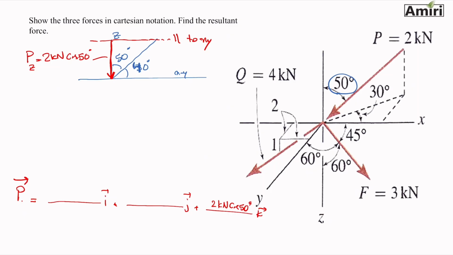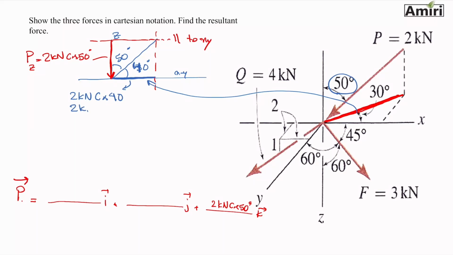The next thing I can find is this dotted line right here. It's adjacent to the 40, so this dotted line length is 2 kilonewtons cosine 40.